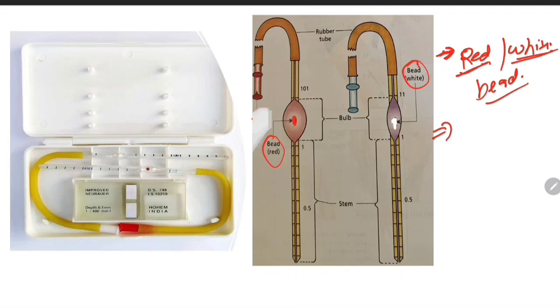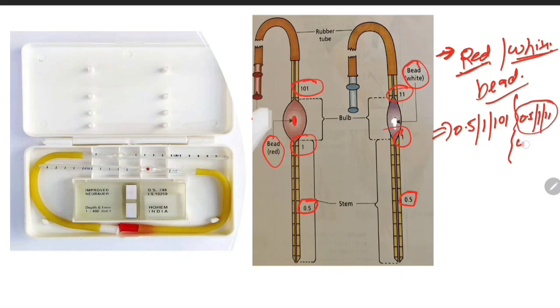Then the second differentiating point is the marking. Just look at the marking. Here we have 0.5, here also 0.5, here 1, here 1, same, but just look here, we have 101 and 11. So in case of the RBC pipette we have markings 0.5, 1 and 101, and in the WBC pipette 0.5, 1 and then 11.